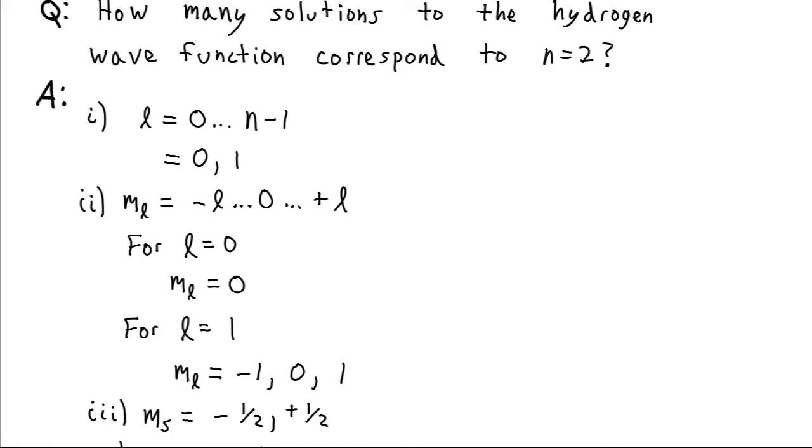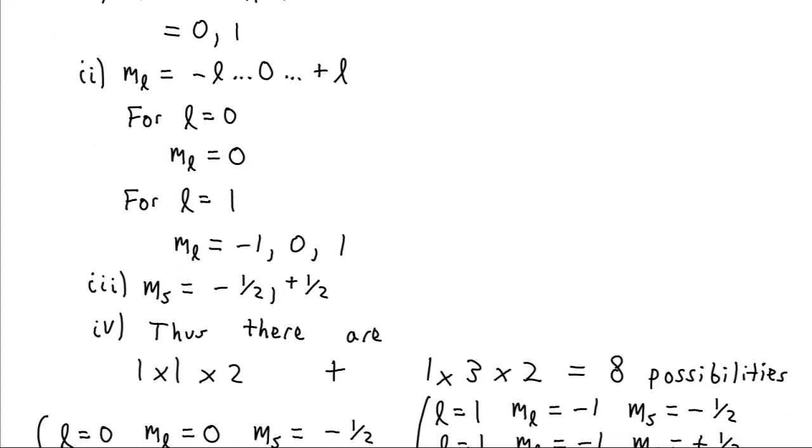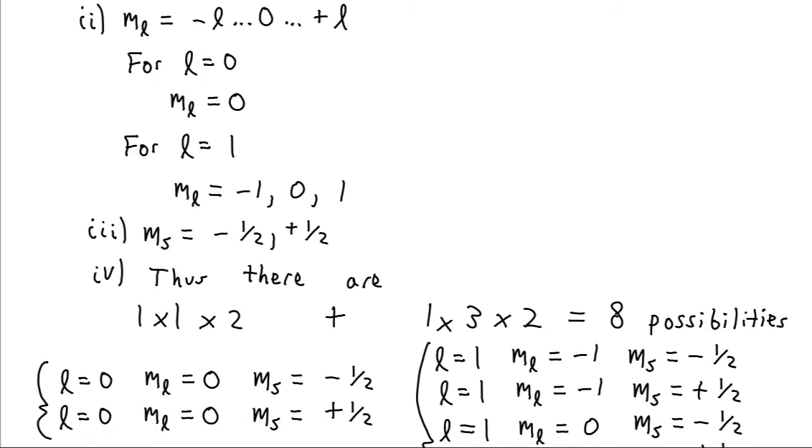So there are going to be 2 possibilities for each of these. So for L equals 0, where m sub L equals 0 and m sub S equals plus or minus 1/2, there would be 1 times 1 times 2 is 2 possible configurations.